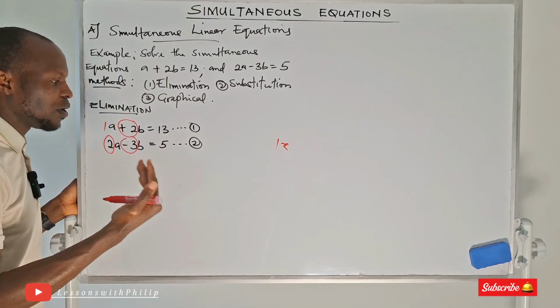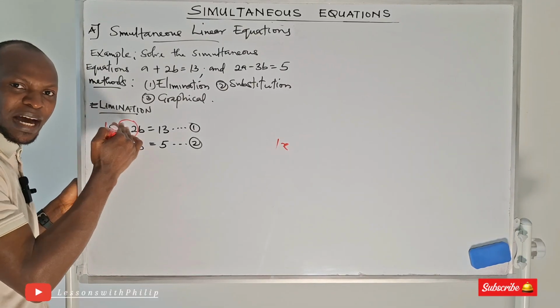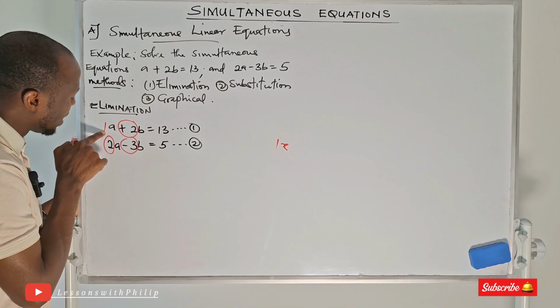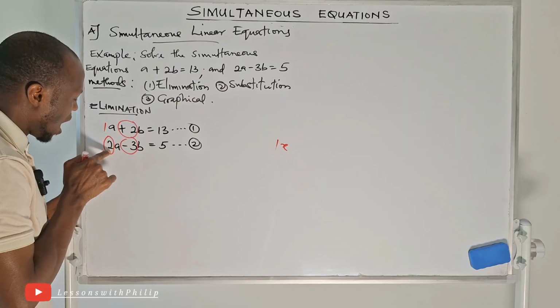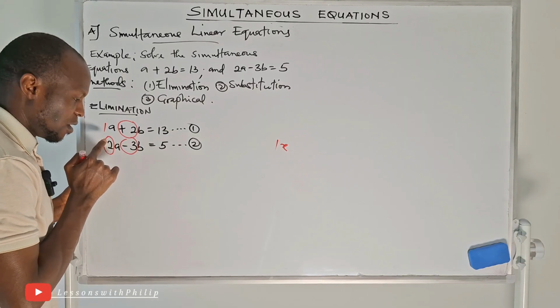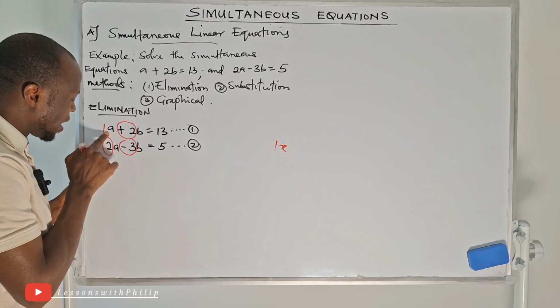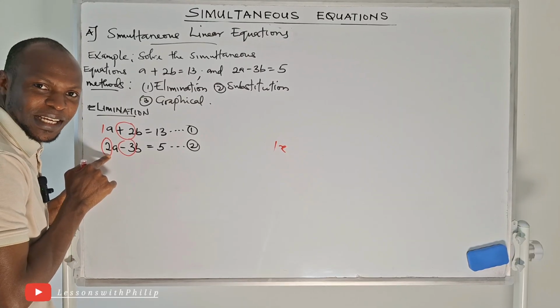In the equations, the only thing you can do is multiply the equation by a value that will make it the same. For example, this one here, I can multiply by 2 so that we have 2A and we have 2A here. Do you understand what I'm trying to say? So if I multiply this 1 by 2, it will now be 2A and we will now have 2A here.